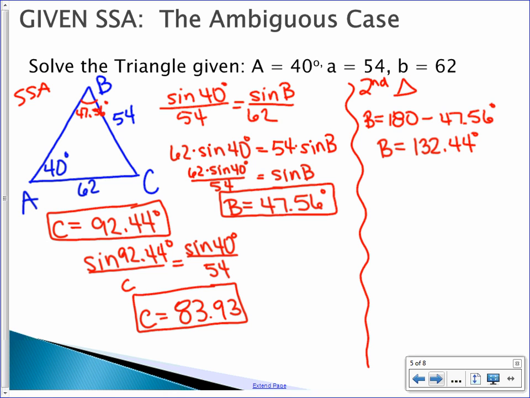Let's go ahead and go to the second triangle. Do we have a second triangle? Right now we have in our second triangle, angle B is 132.44 degrees, right? So I'm gonna redraw my triangle.